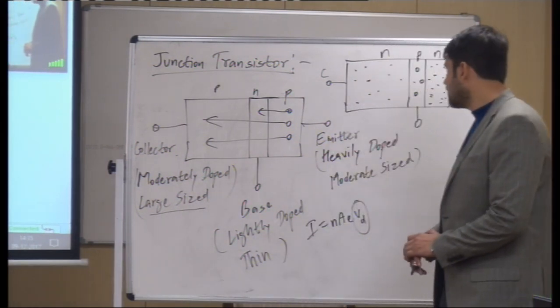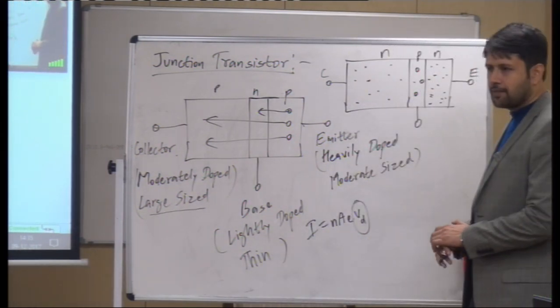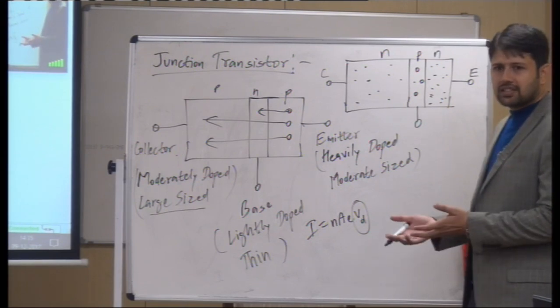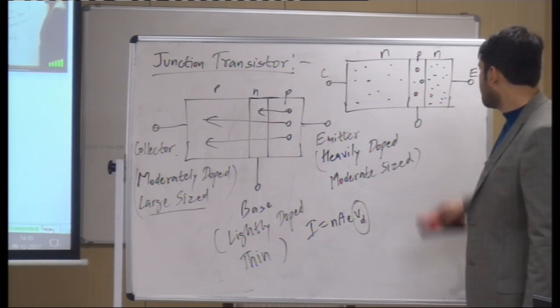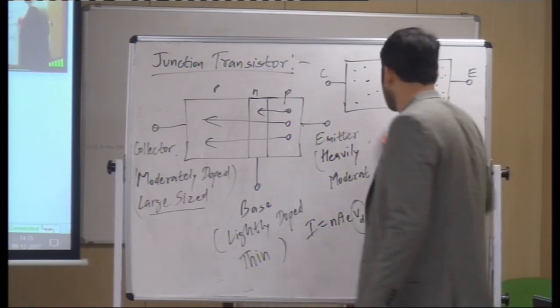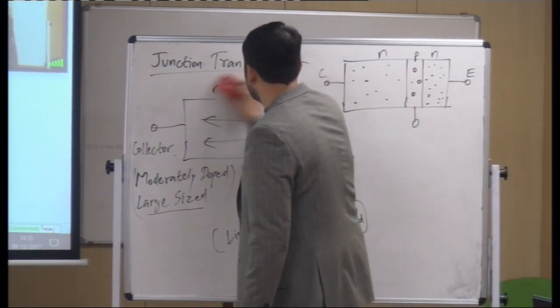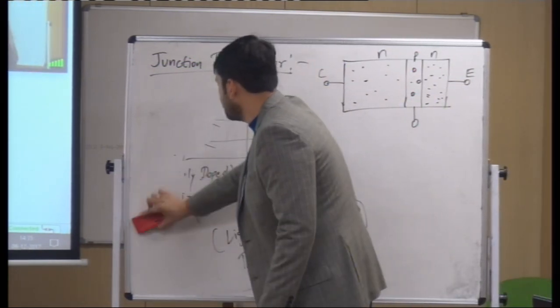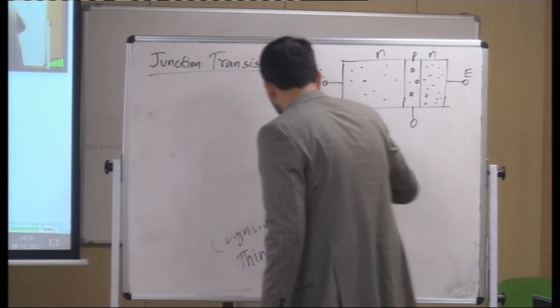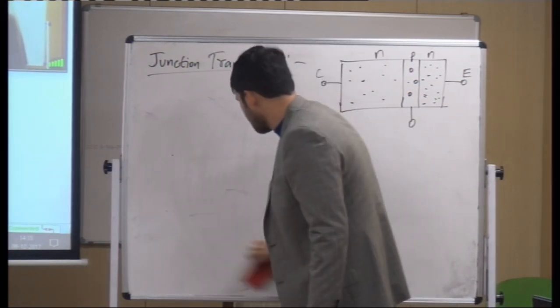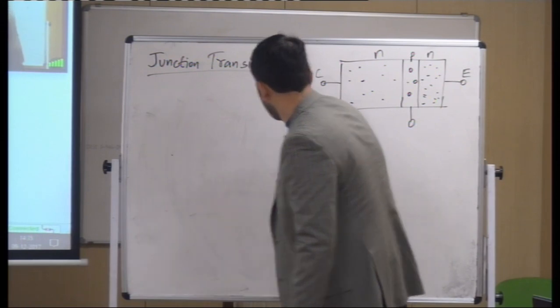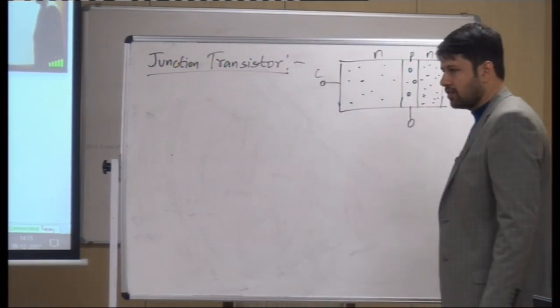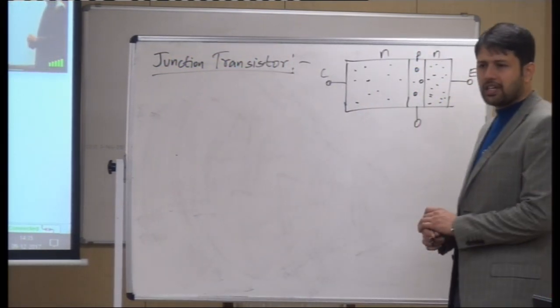For the same voltage we want high current, which means lesser resistance, so we would prefer NPN. So I'll erase PNP. We started with PNP, but we would not touch PNP anywhere now.